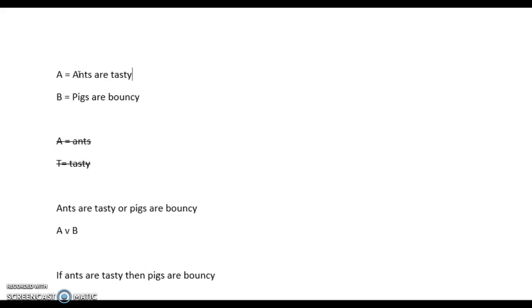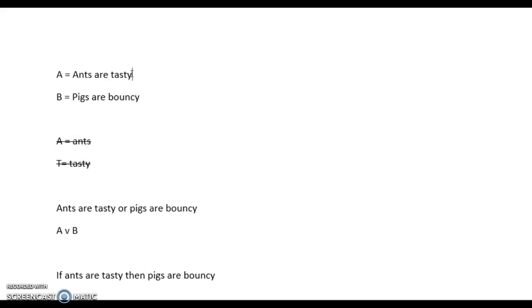So the smallest, most minimal possible sentence you can have that contains some kind of truth value has a subject and some kind of quality that you're giving it, right? So there should always be either a subject and object relationship. So it might be Bill kicked the ball, right? So there you have the object, the ball, and you have the subject, Bill, and you have the verb kicked.